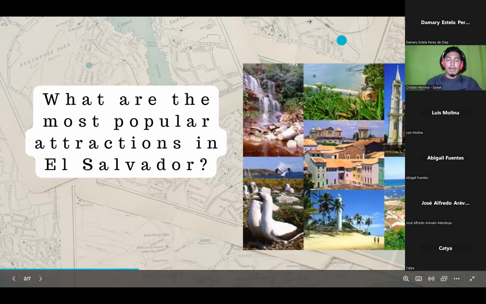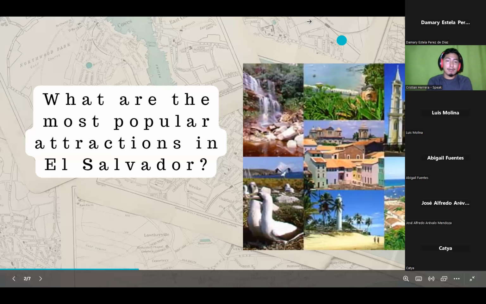Okay, pretty good. Those are beautiful places, and as you mentioned, also very extreme places to go. For example, if you go to La Palma, they have restaurants, also some places you can go to have a better view of the city. But if you go a little bit higher, you can go to El Pital, right?